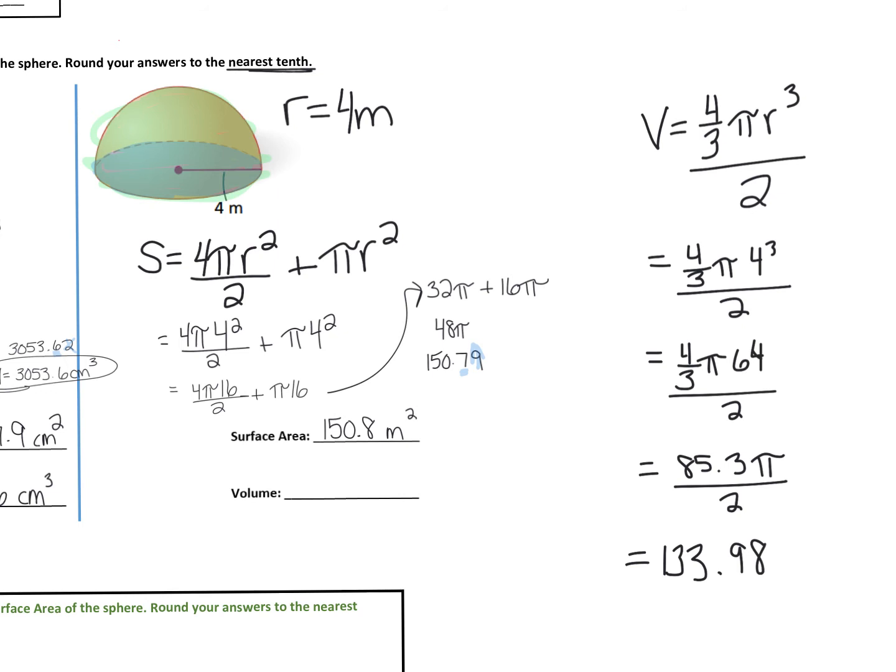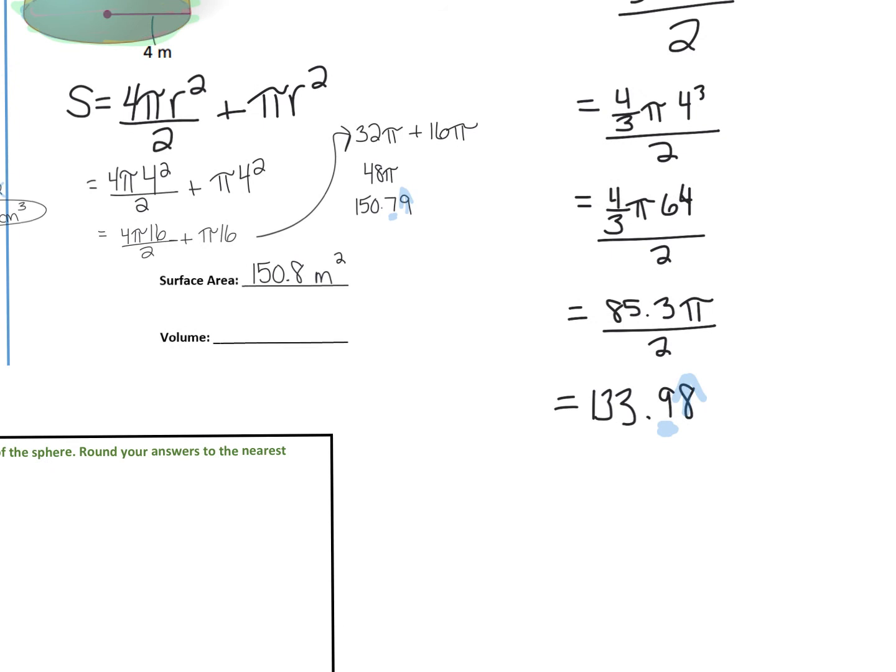133.98. Looking to see how I round, I'm looking at my 9. 8 tells me to bump it up. So, well, 9 bumps up to a 10. So when this actually rounds up, it's actually going to bump this up to a 10, which will make this a 0, and this I have to add a 1 to.